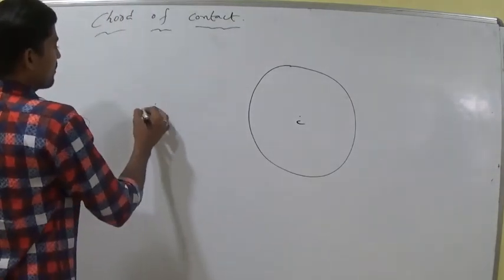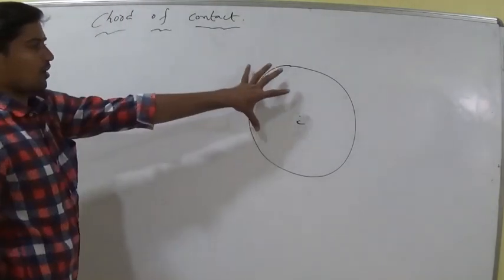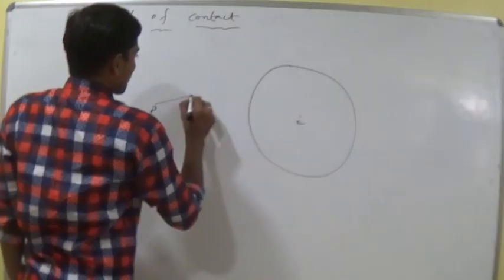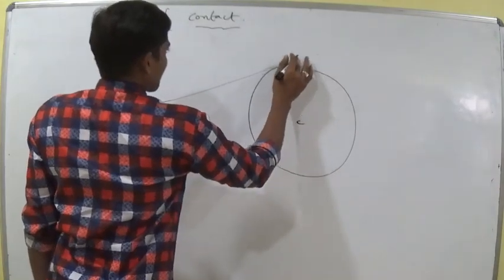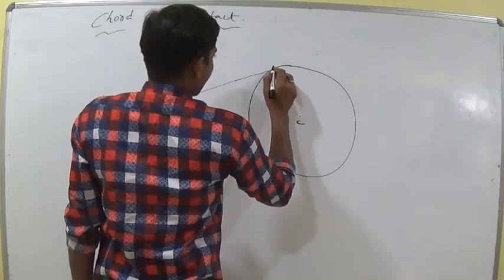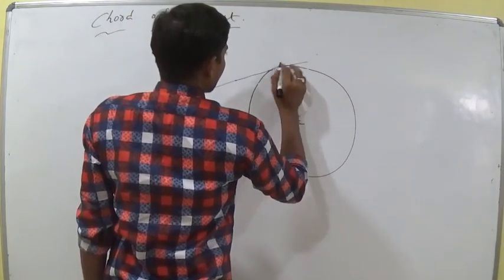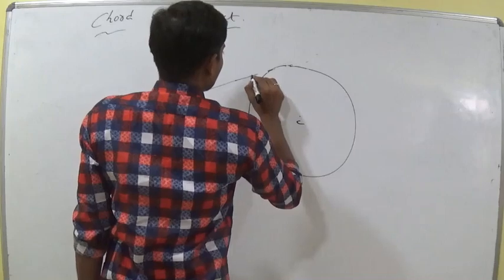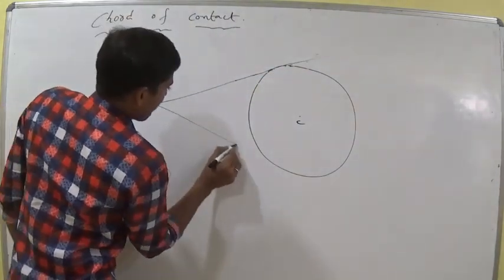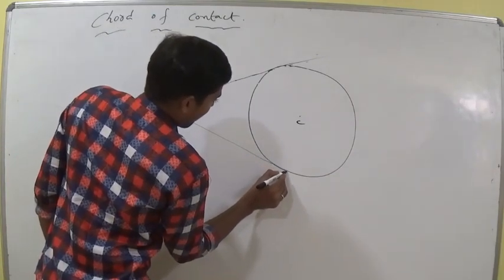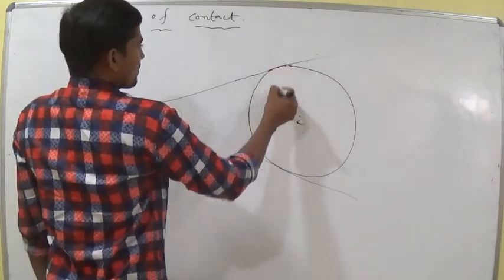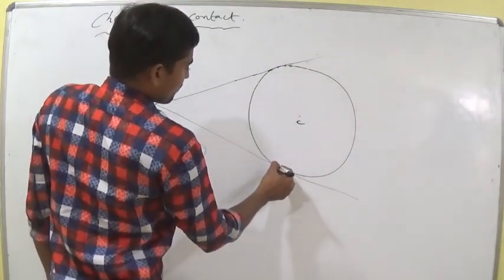Suppose P is the point. The tangents are drawn from the external point to the circle. Right? The point of contact is here, and the other point of contact is suppose here.